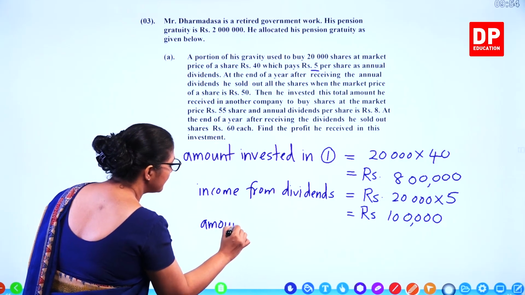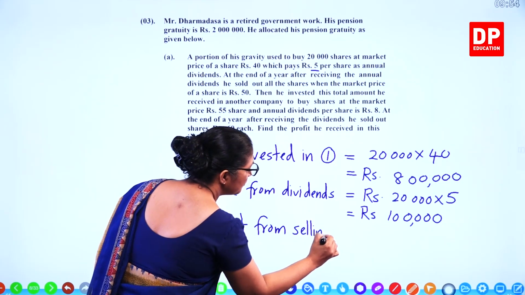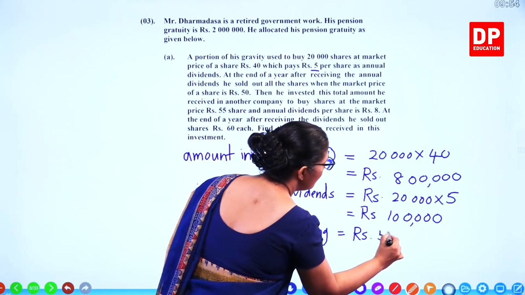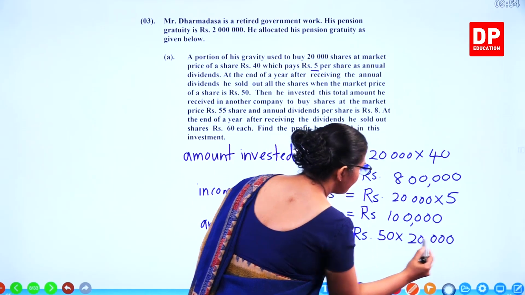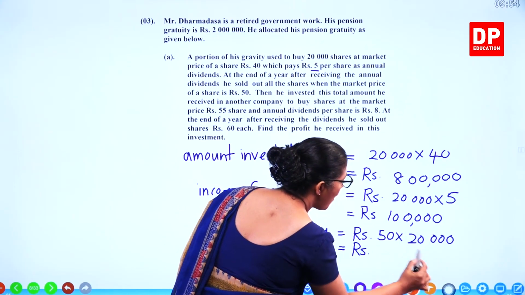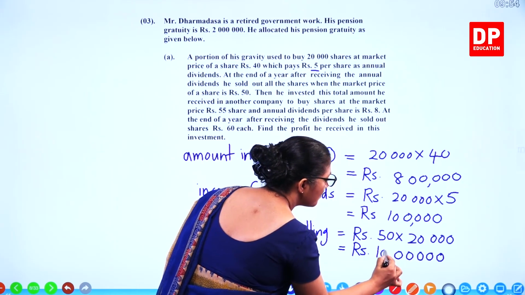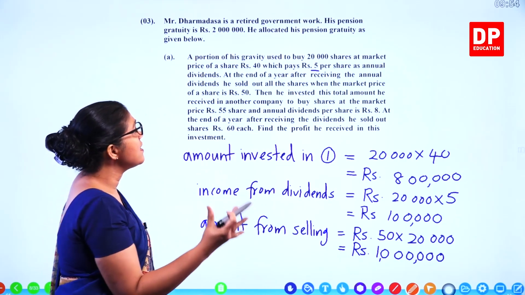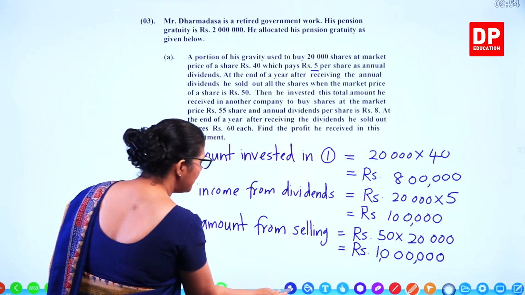Amount from selling is getting 50 into how many shares? 20,000 shares. 5 times 2, 10. So 1 million rupees.